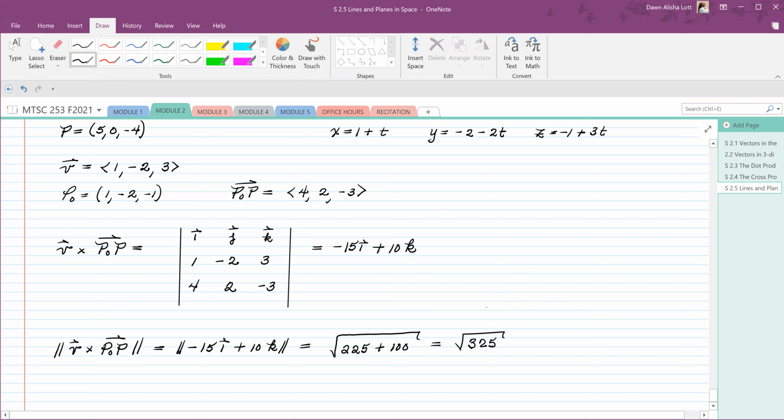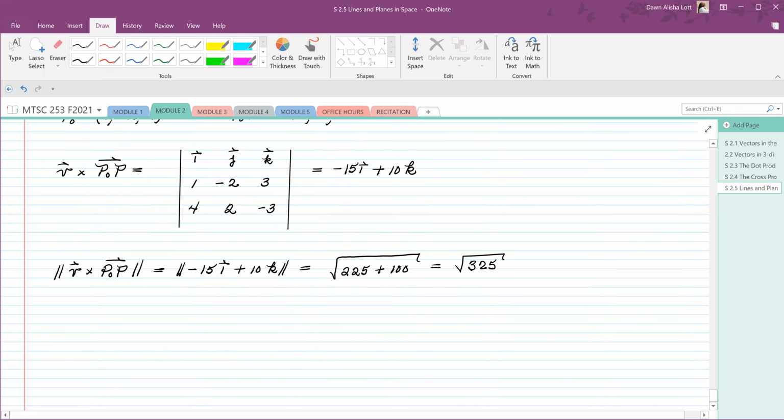Okay. I could take the 25 out, but that would leave me 13. So, okay. And then the length of v we already said was the square root of 14.